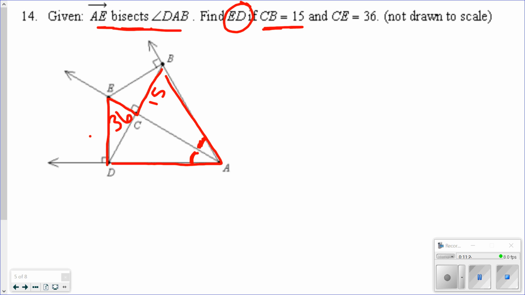This is X. Well, let's remember, if this is an angle bisector, we know that these two segments are the same because E would be equidistant from point D and B. So if DE is X, we know that EB will also be the same length, which I'll call X. Now, if you look, I have a right triangle here. So I'm going to redraw my right triangle.